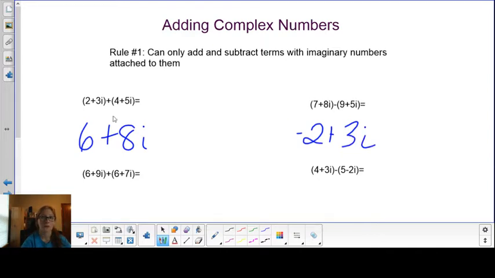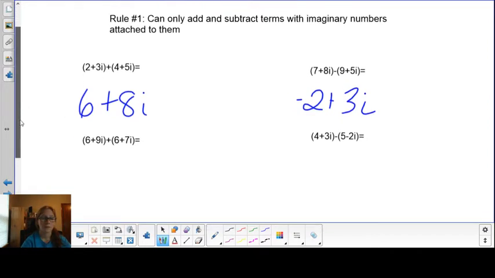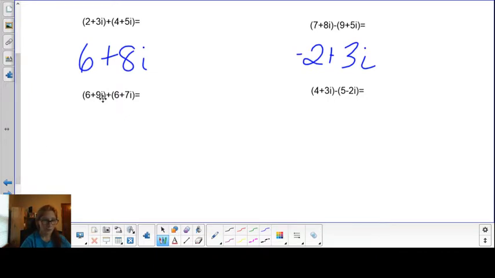Again, that i comes with. 6 plus 6, 12. 9 plus 7, 16. 4 minus 5, it's a -1. 3 minus -2. What happens when you have two negatives next to each other? It flips it, it becomes positive, so you actually have 3 plus 2, which is 5.